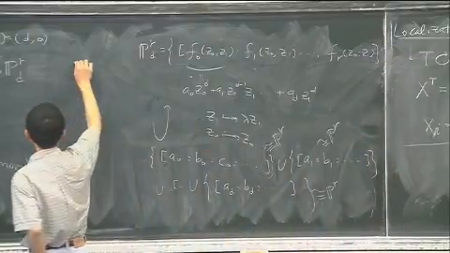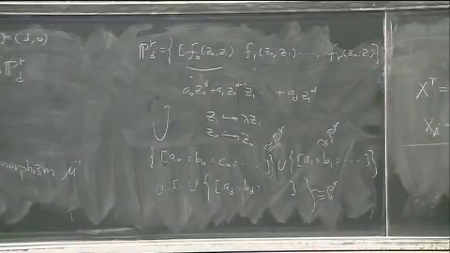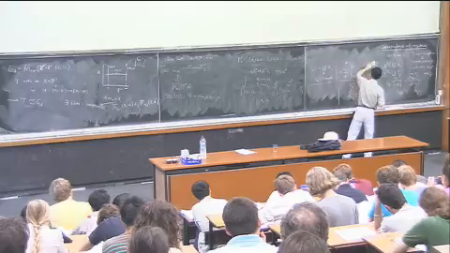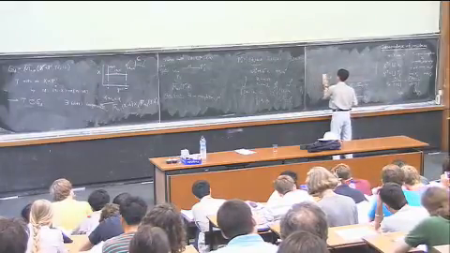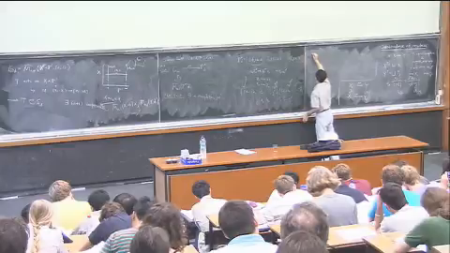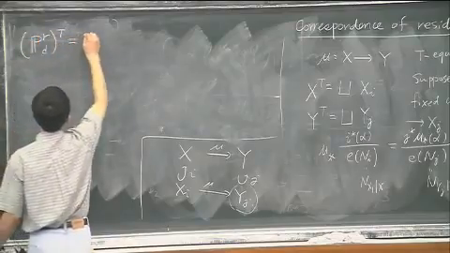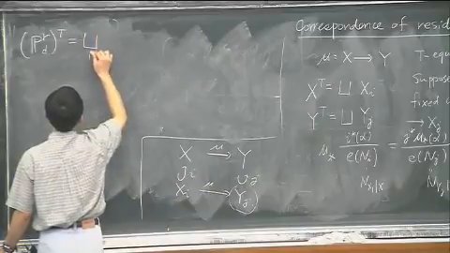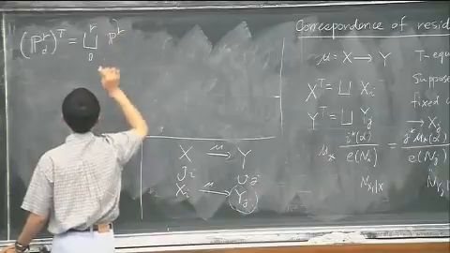The fixed locus of that is R plus 1 copies of projective spaces.